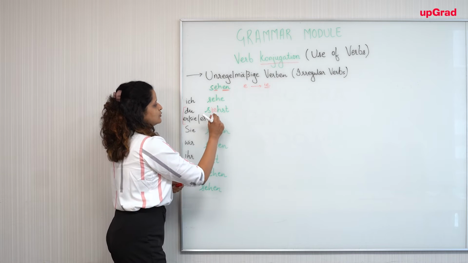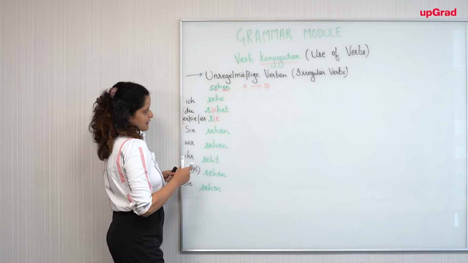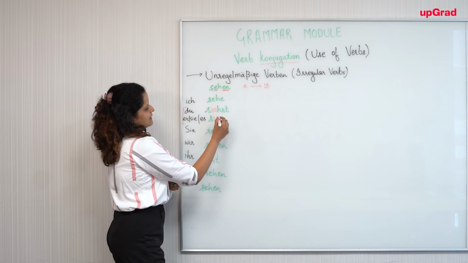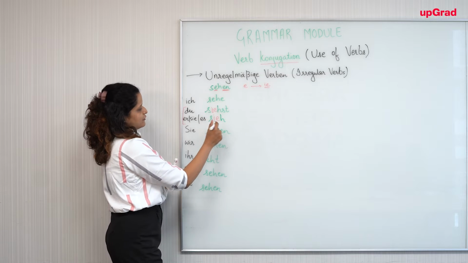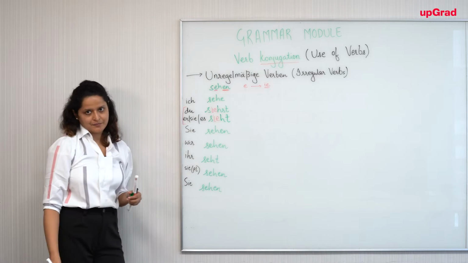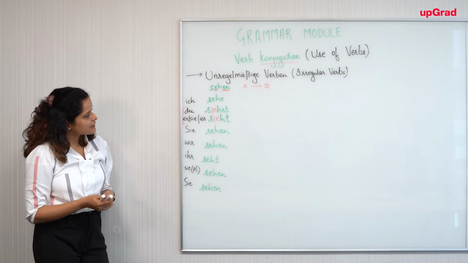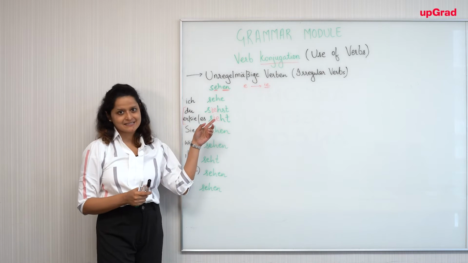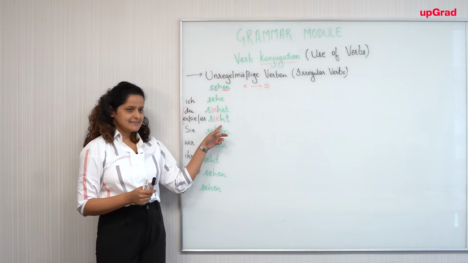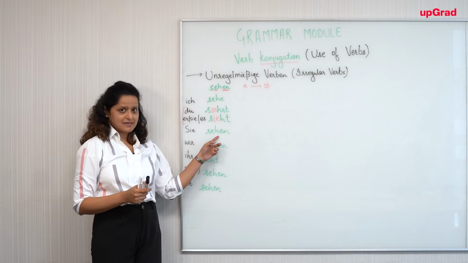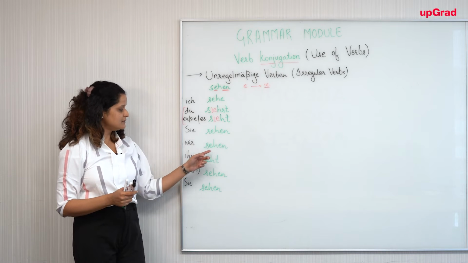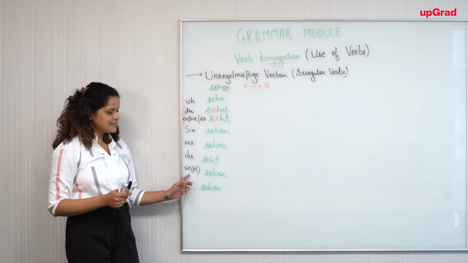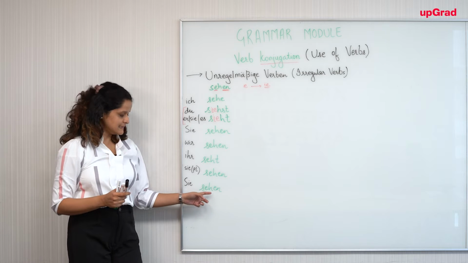This will change to ie, and the ending that we add for er/sie/es is t. So, your final conjugation becomes ich sehe, du siehst, er/sie/es sieht, wir sehen, ihr seht, sie sehen, Sie sehen.